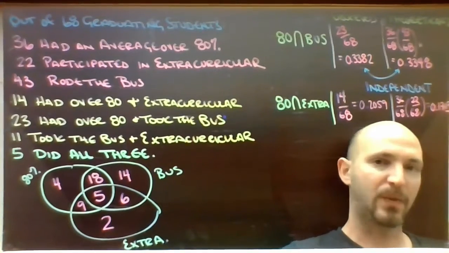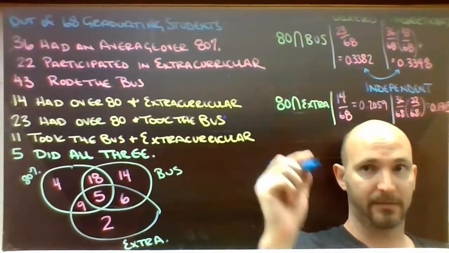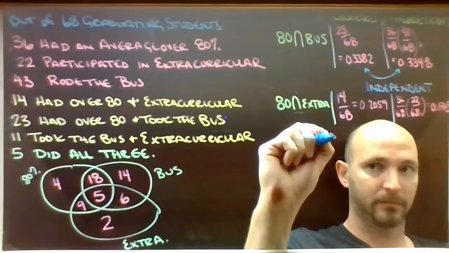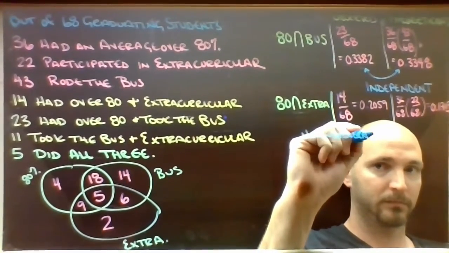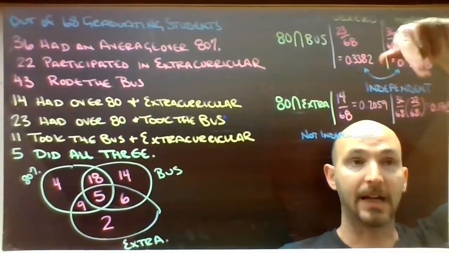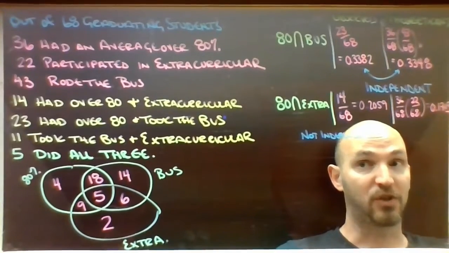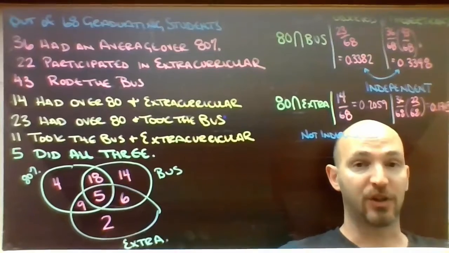So these two things, there's evidence here that they are not independent. In fact, because the observed probability is higher than the theoretical probability, there is evidence here to suggest that these two things encourage each other.